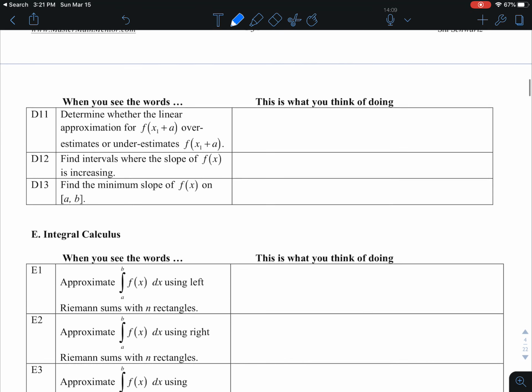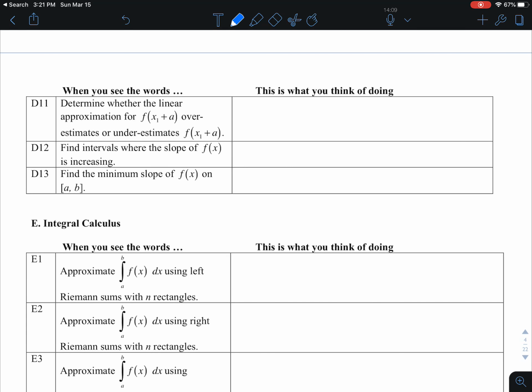All right, D11. Determine where the linear approximation for f of x plus a little bit is an overestimate or an underestimate. So there's two parts here. A linear approximation involves figuring out what f prime of x sub 1 is, writing a tangent line, and then plugging in x sub 1 plus a for x in your tangent line.